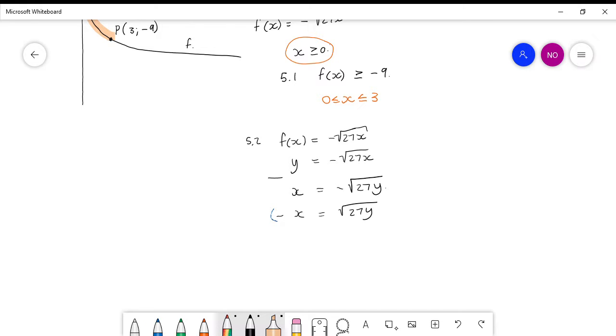I'm gonna do that on both sides. Kyk mooi, so die x word nou positief. So y will be equal to 1 over 27 x squared. Or you can write it as x squared over 27.